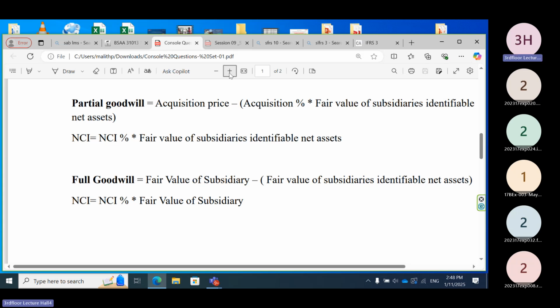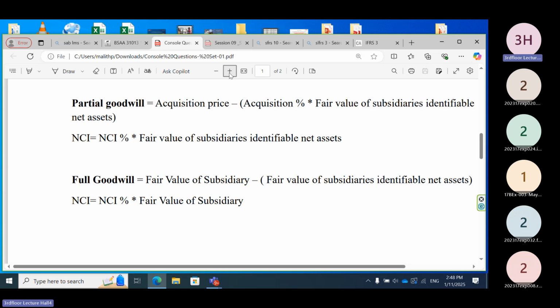Here we have proportionate goodwill, which is only related to the parent company. Full goodwill is 260. Why? It increased because of this increase here.